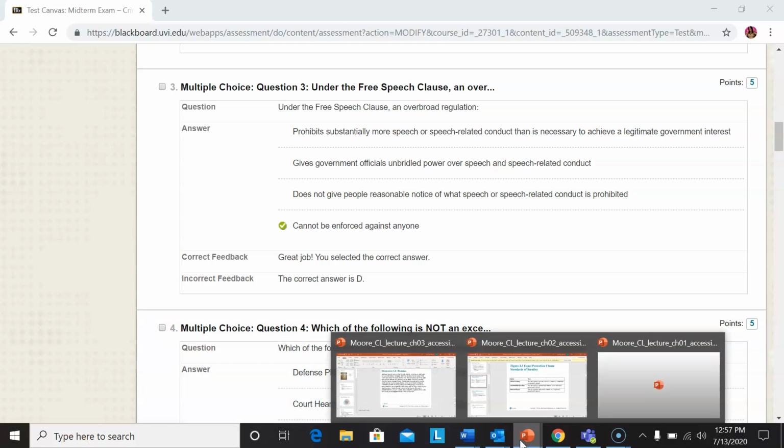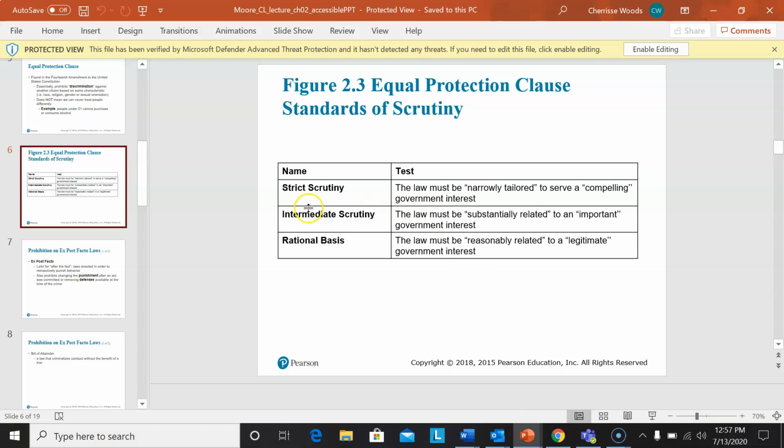And let me pull them up here. Okay, we have strict scrutiny, which is the most difficult level of scrutiny to bypass. In order to bypass strict scrutiny, you must show that the law is narrowly tailored to serve a compelling government interest.